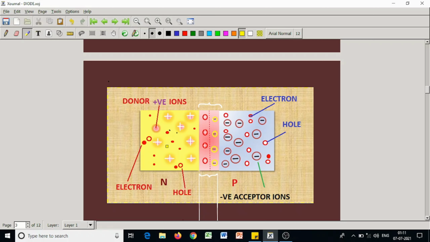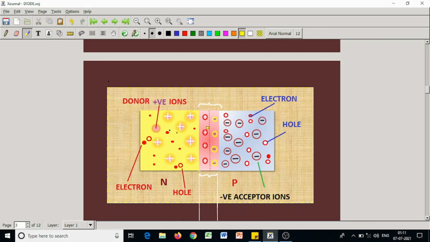So electrons diffuse from left side to right side. Again, the concentration of holes is much greater than the minority carrier holes in the N side, so holes are also moving in this direction. Diffusion takes place.